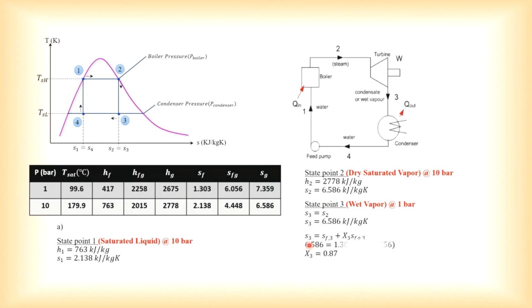Then the dryness fraction formula that we have is S3 equals SF3 plus X3 SFG3. This is only for wet vapor. We apply the formula here to find the dryness fraction, so 0.87. Once you have found the dryness fraction, find the enthalpy.